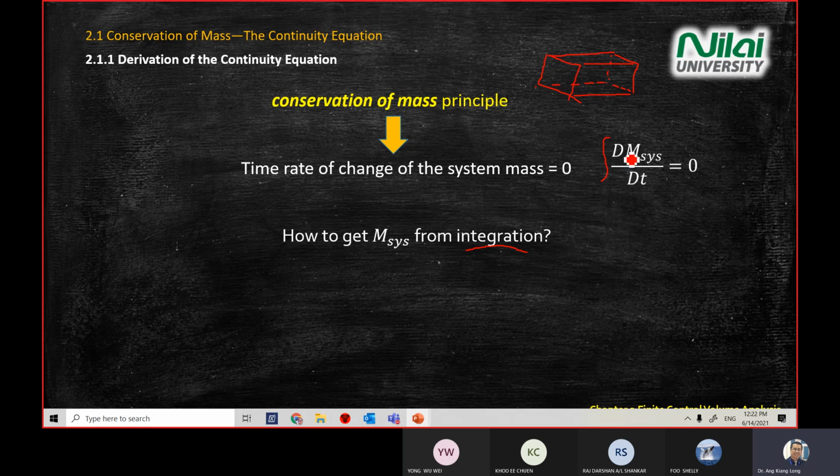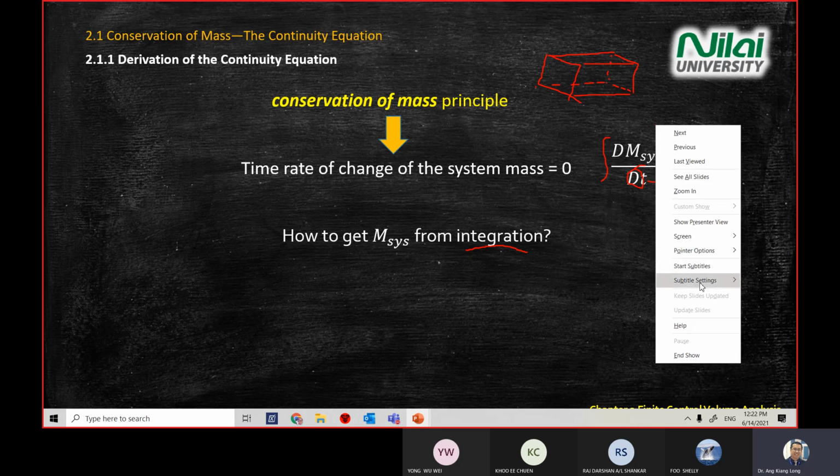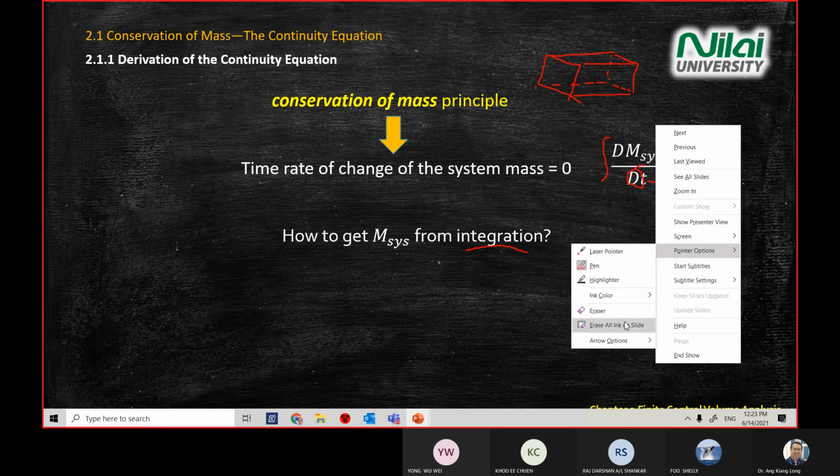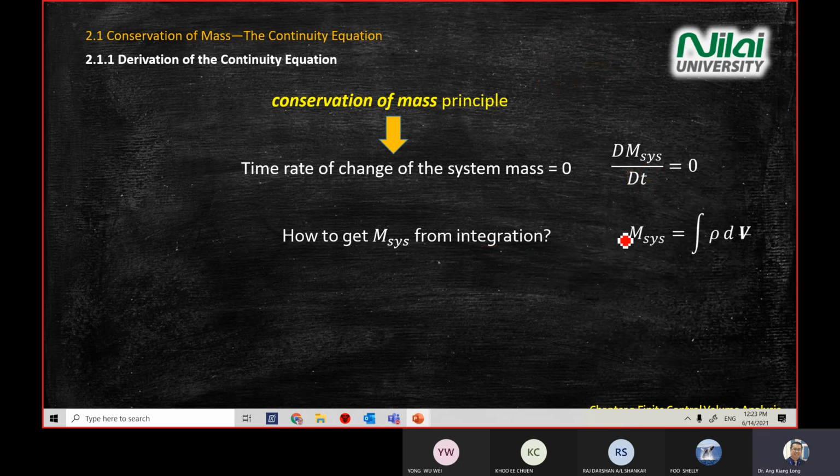So how to do integration? You pull d to one side, d to another side. This one you pull to another side. Then you do integration.